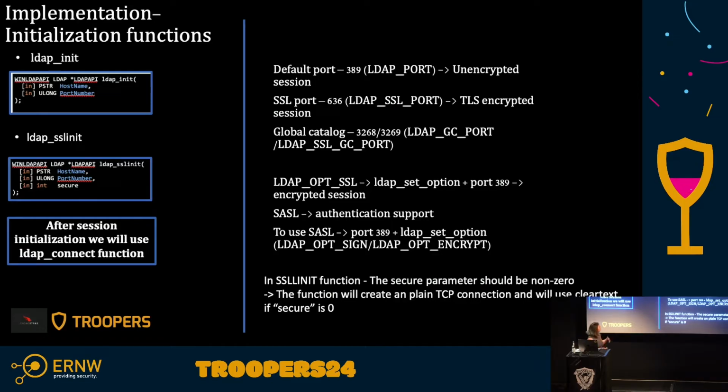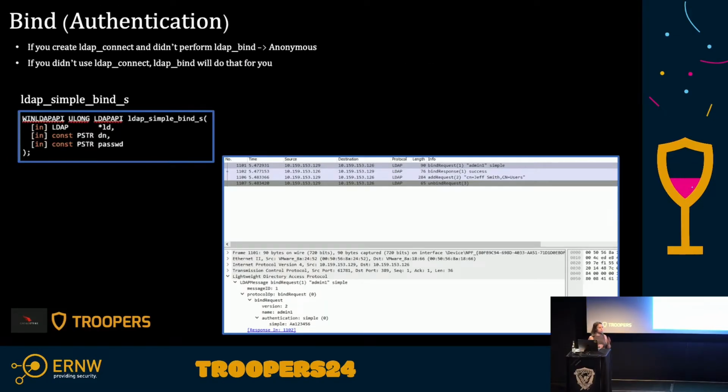So I just gave you a couple more options that you can play with in the ldap_set_option function that actually have a great effect on the traffic itself. After we initialize the connection towards the domain controller, we need to call the ldap_connect function. Actually, if we don't use it, the ldap_bind function just does it for us. The bind function is a very important function because it's responsible for the authentication.